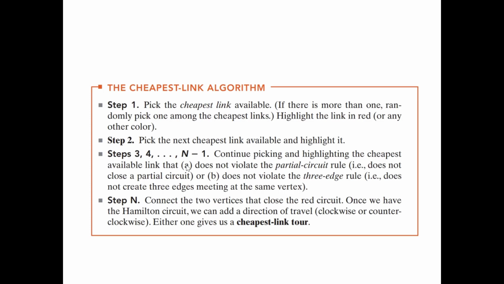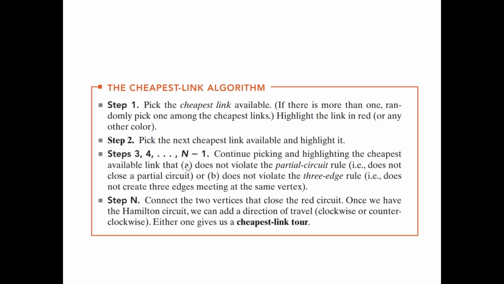Continue picking and highlighting the cheapest available link that does not violate the partial circuit rule, i.e. does not close a partial circuit, or the 3-edge rule, i.e. does not create 3 edges meeting at the same vertex. Since we're looking for a Hamilton circuit, we don't want to visit any vertex more than once.